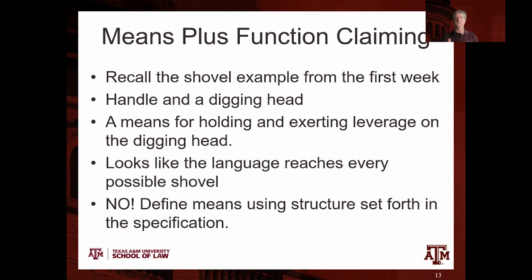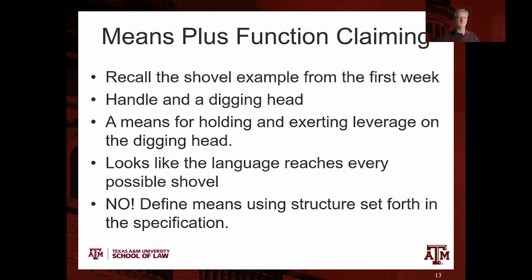So even though the claim language literally says a means for holding and exerting leverage on the digging head, when we look to your specification, the only sort of structure you give us for accomplishing that particular function is a handle. And so that language, although it looks quite different from the word handle, would actually be read just as an elongated handle.